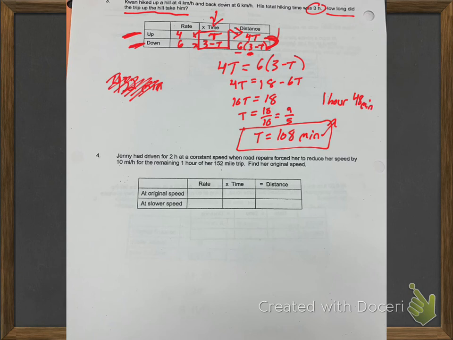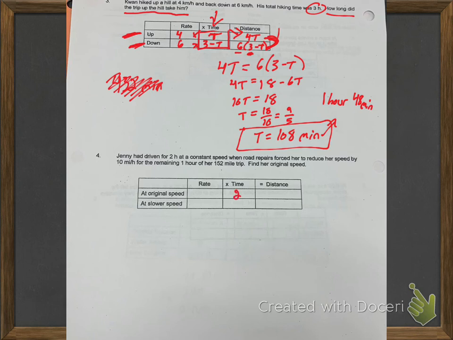All right, so the last one here. Johnny had driven for 2 hours at a constant speed when road repairs forced her to reduce her speed by 10 miles an hour for the remaining 1 hour of her 152-mile trip. Find her original speed. So let's just put in what we know. So the time, we know this one, the time is 2 hours, right?